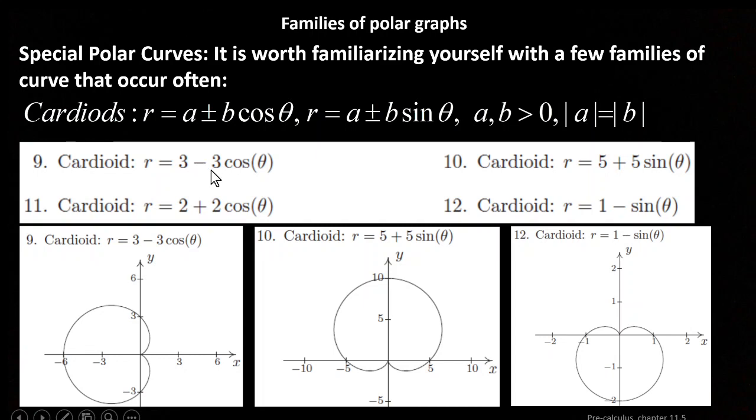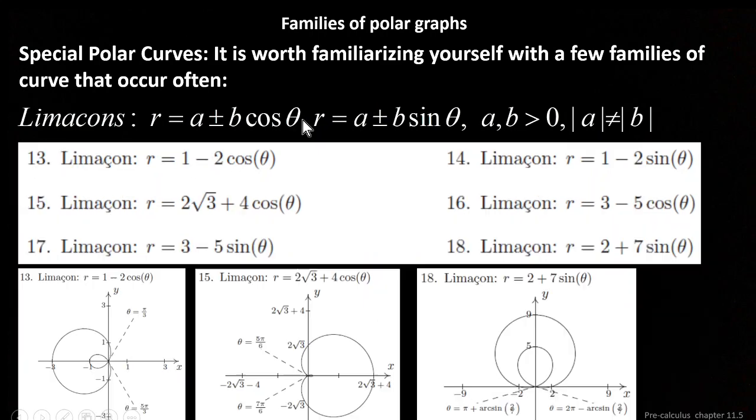Now, if they're not the same, then we get something called limaçons. Limaçons are basically cardioids, but they don't look like a heart anymore. They look like 3 different shapes, depending on whether A is bigger or B is bigger.